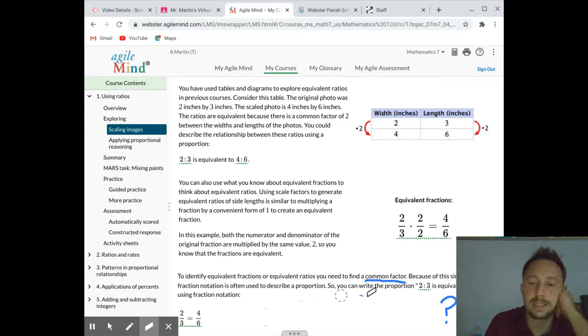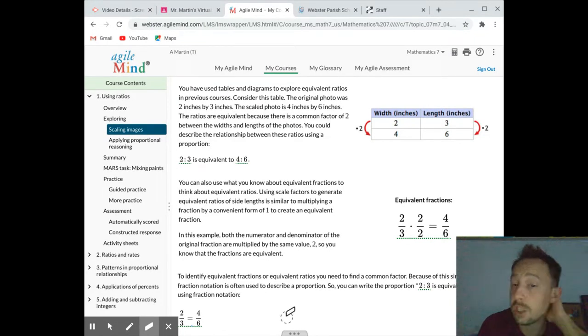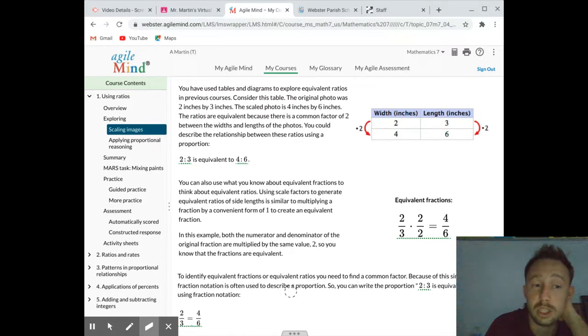Wait, Mr. Mark. Yes. So about our very first example, the 2 to 3 is equivalent to 4/6. Yes, sir. On our second one, the one that is supposed to be equivalent, can we make those uneven, or do they have to be equal? Okay, if it's equivalent, they have to be equal to each other.